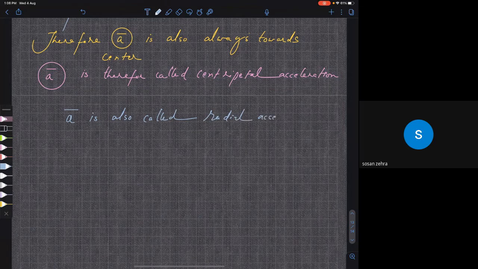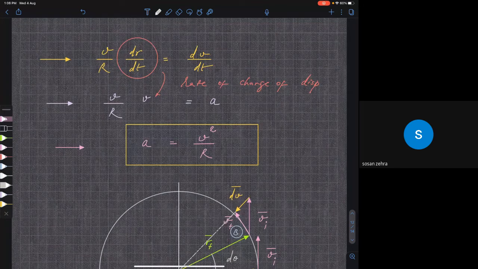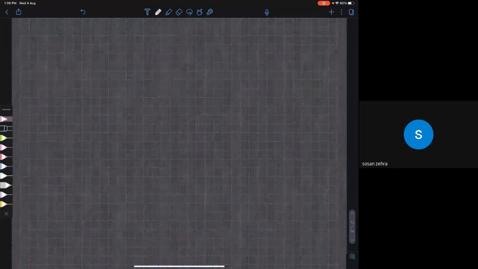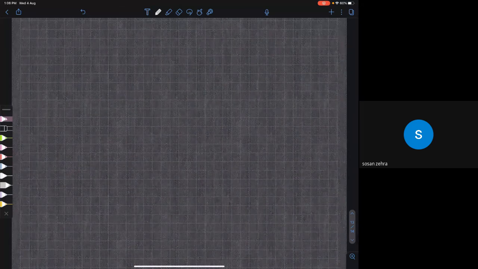Why radial? Again, it is self-explanatory. Clear? Understood?